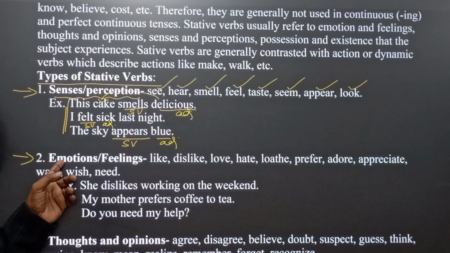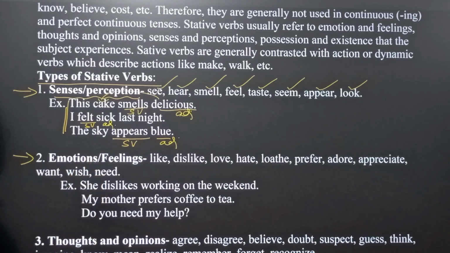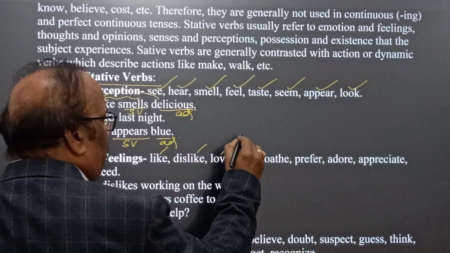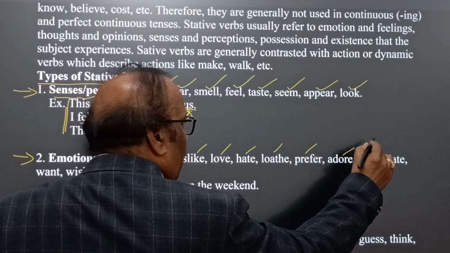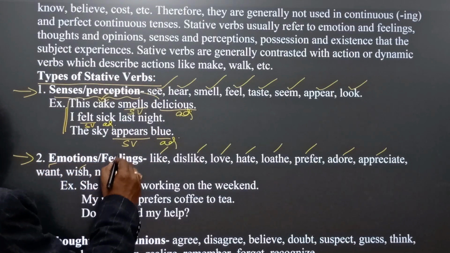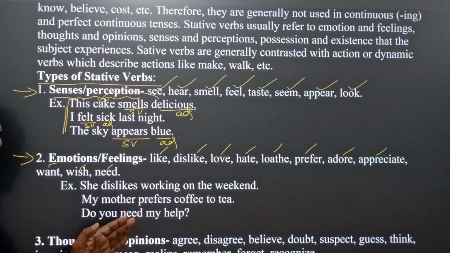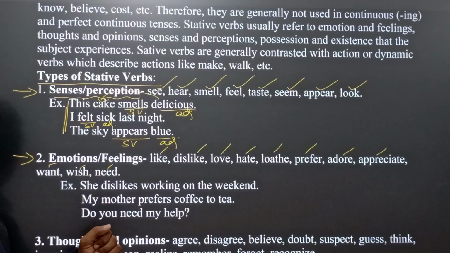The second point is related to the idea of emotions or feelings: like, dislike, love, hate, loathe, prefer, adore, appreciate, want, wish, need. These are stative verbs because they indicate emotion or feelings of the subject.